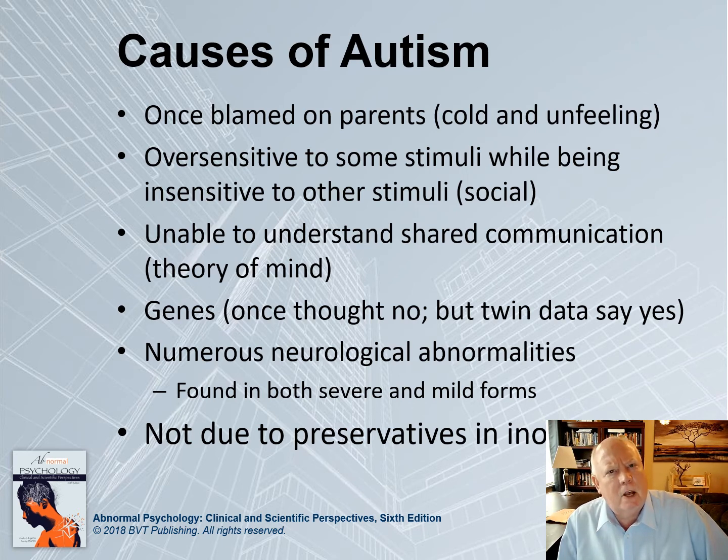People observed that individuals with autistic children were often cold and showed flat affect. They didn't respond to very much. And they assumed that that's what caused the autism in their children, because children need contact.